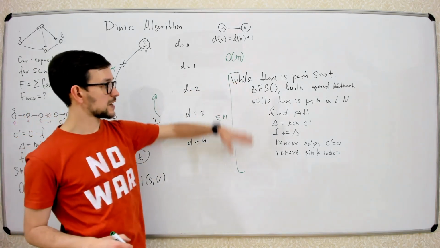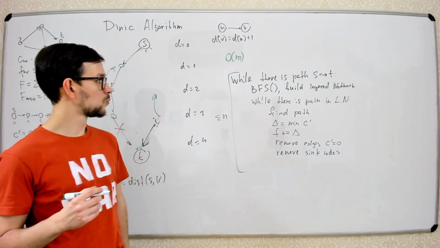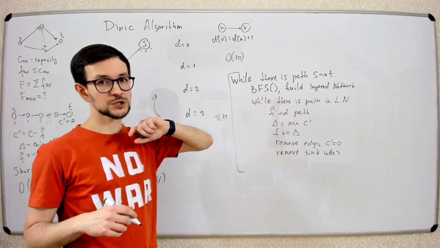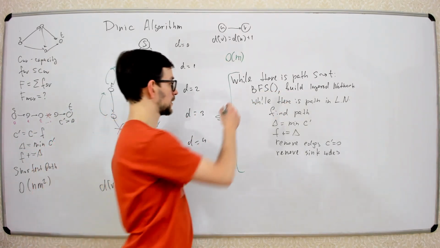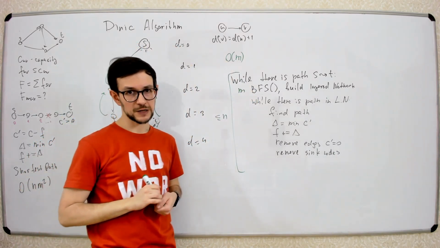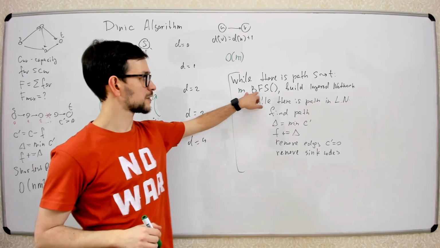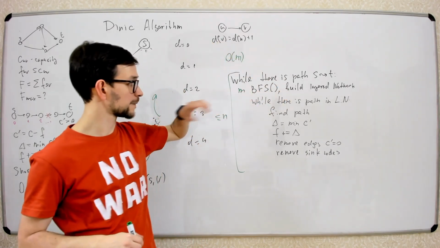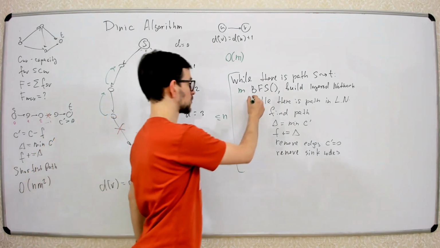Now, what happens inside this loop? First, we run BFS and build the layered network. It costs m operations. We can do it in linear time: we can run a BFS algorithm, then remove everything unnecessary. Now, what happens in this loop?